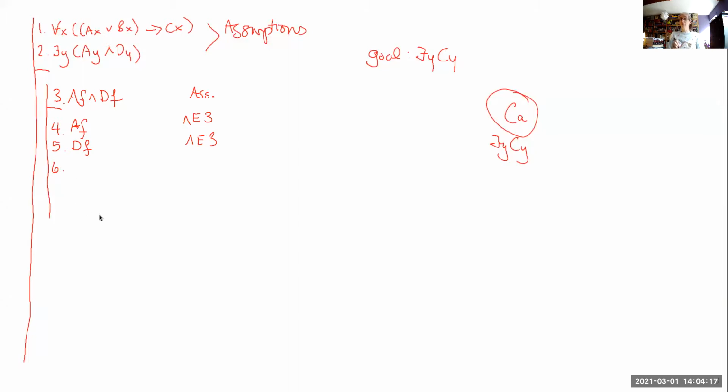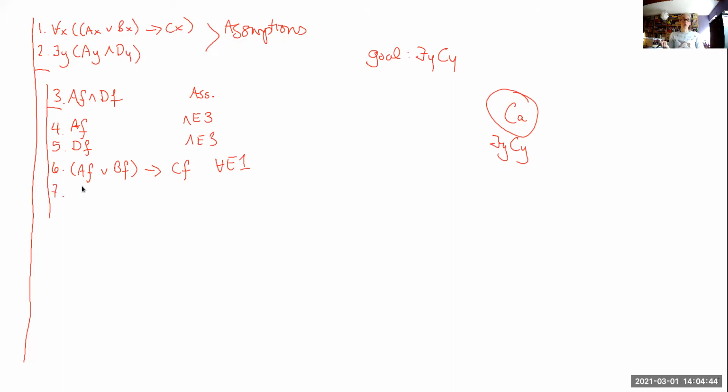Now we have a constant. Yay! Go back and do your universal elimination on line 1. So this one says, if you have something that is either A or B, then that particular thing is going to be C. So universal elimination on line 1 erases the quantifier, erases the variables, and replaces the variables, those gaps, with a constant.